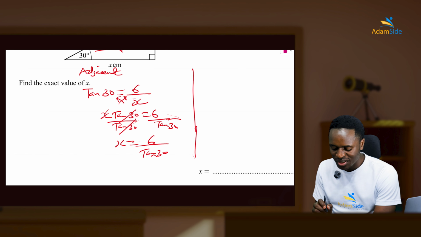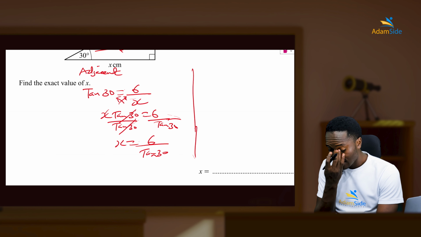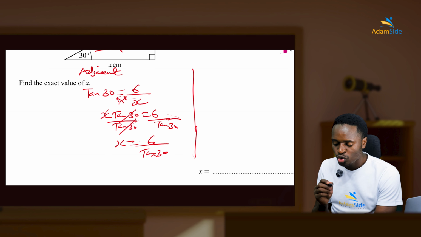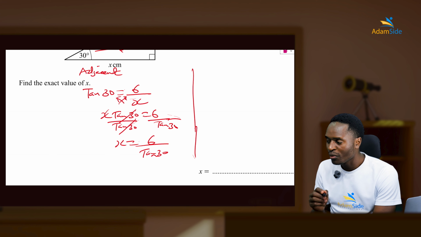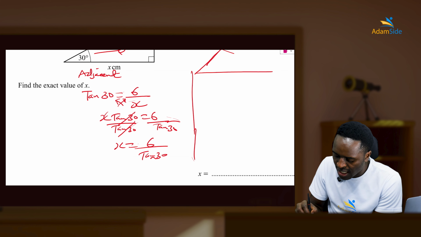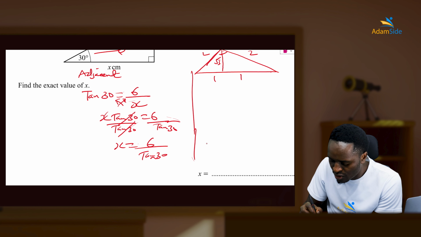Now, since this one is a non-calculator paper, we need to know the formula. If you have an equilateral triangle of side 2, 2, and then this side is, let's say, 1, 1, then this is obviously root 3. So if you are finding tan 30, what do we remember?